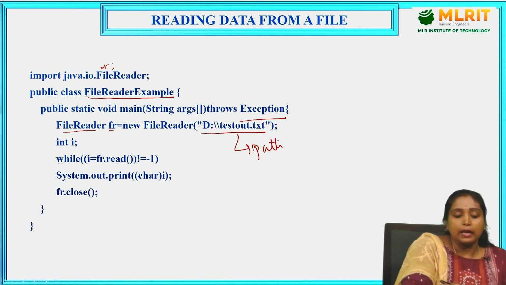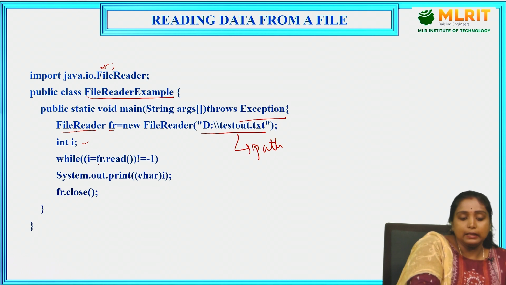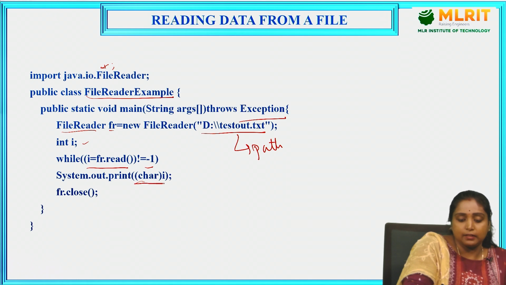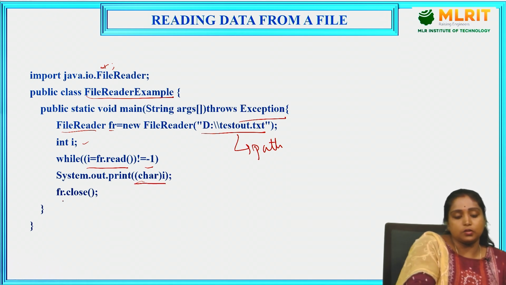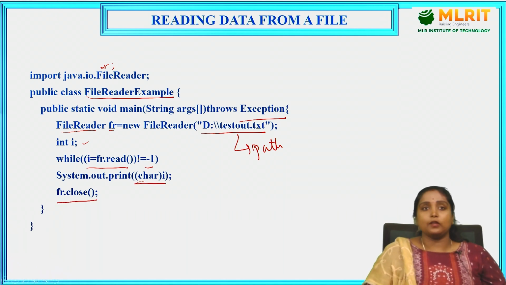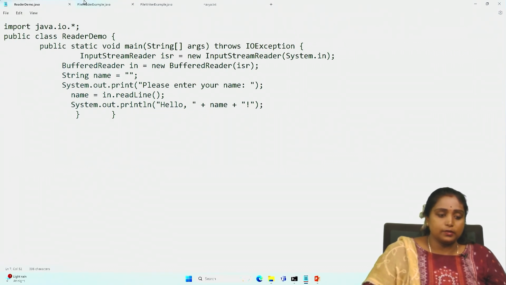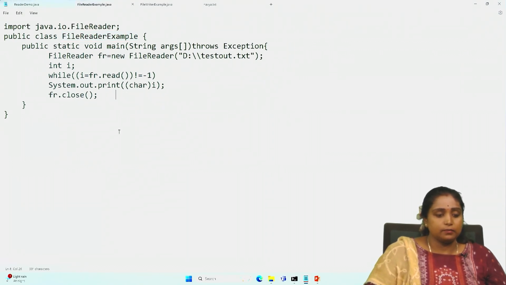Next, int i, and while it reads the data until it reaches -1, whatever character it has read, and at last you have to close the particular stream. Okay, so let us do this example, the FileReader class.